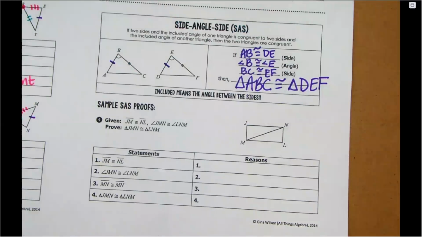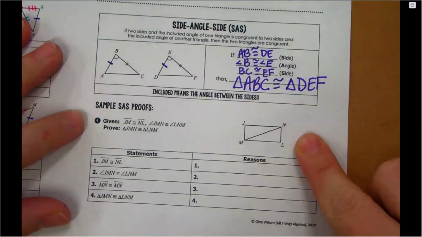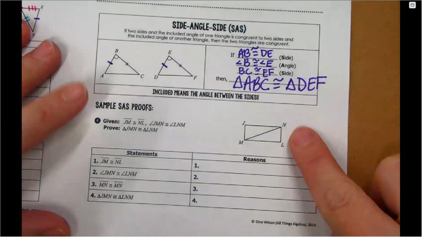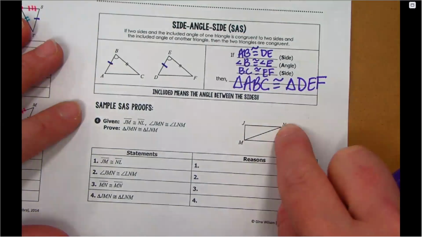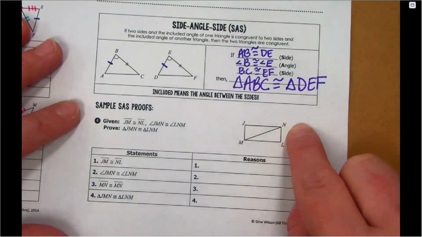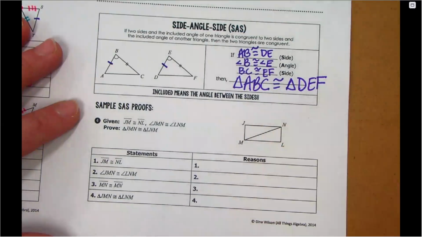All right. So here we go. Sample side angle side. So here's our proof. Looks like we have a rectangle that has a diagonal creating two triangles. We want to prove that those two triangles are congruent.